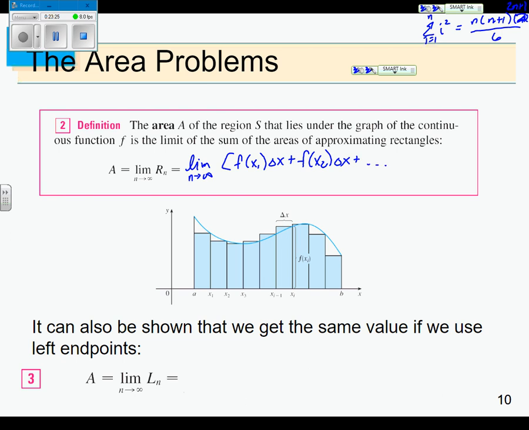So same thing we've been doing, I'm just formally introducing it, all the way up to the height of my last approximating rectangle, again, times its width. And we know that we can write this a little bit better.